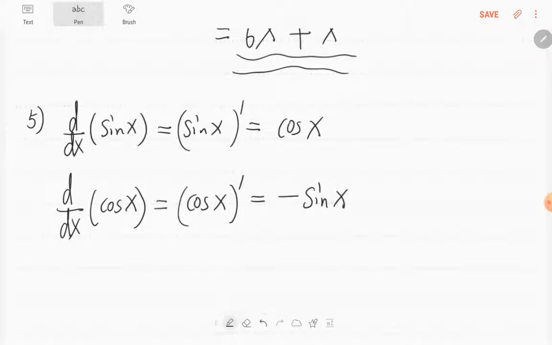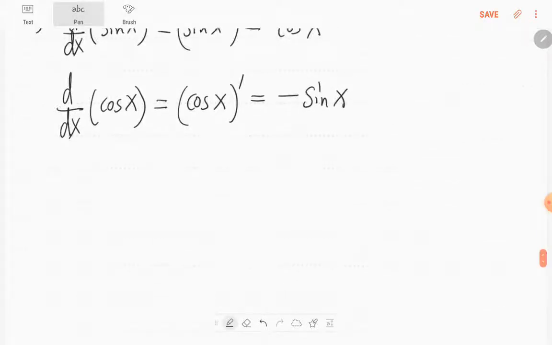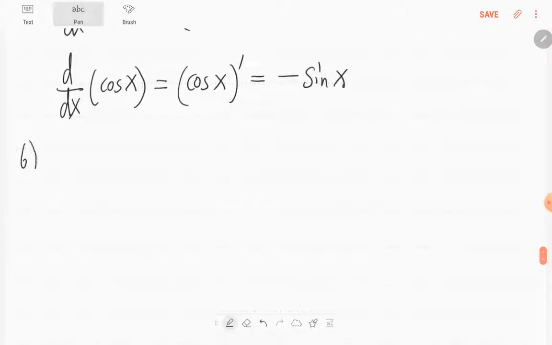So be careful, it's negative sine x, not sine x. And number 6, the exponential function. The derivative of e to the x is very special. It's equal to e to the x itself.